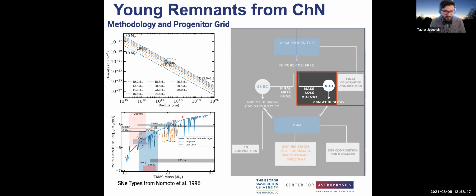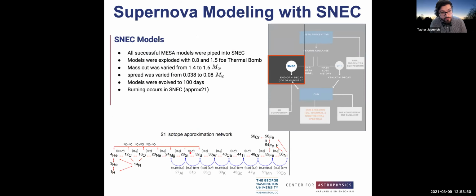We were able to then take the average mass loss rate over the last 500,000 years and use that to construct a CSM density. And once again, we compared that to observational measurements of various supernovae, and we were able to confirm that our models were within expected parameters, both in the CSM densities and in the measured mass loss rates at the end of the star's life. That was pretty nice.